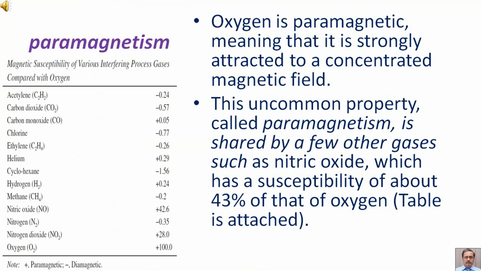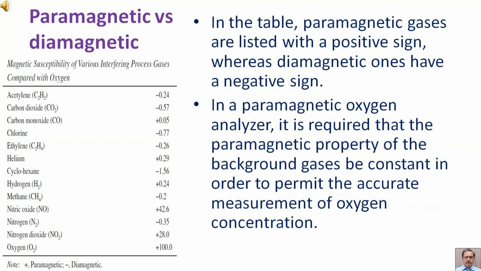This uncommon property called paramagnetism is shared by a few other gases such as nitric oxide, which has a susceptibility of about 43% of that of oxygen. The table is attached. In the table, paramagnetic gases are listed with a positive sign, whereas diamagnetic ones have a negative sign.